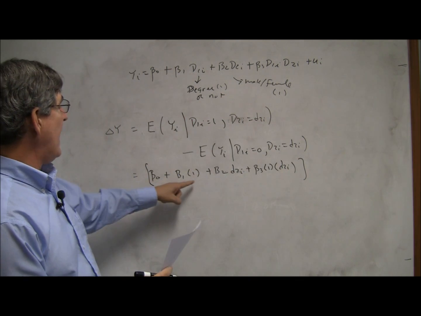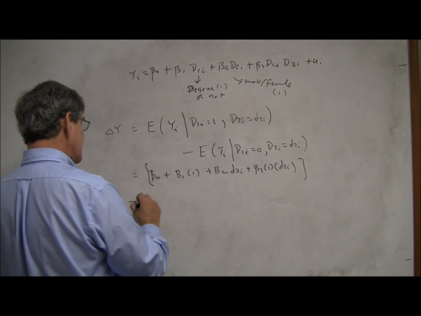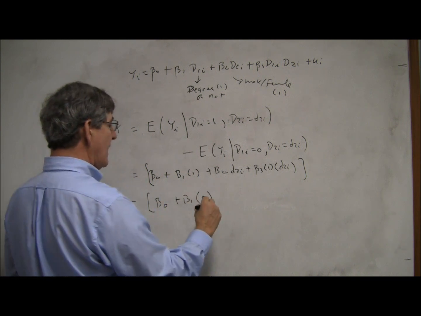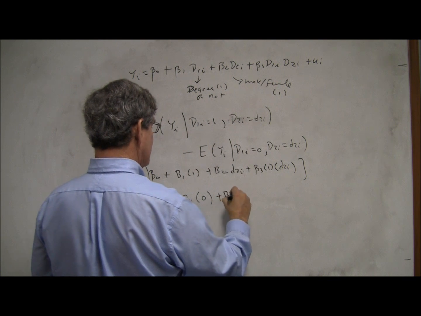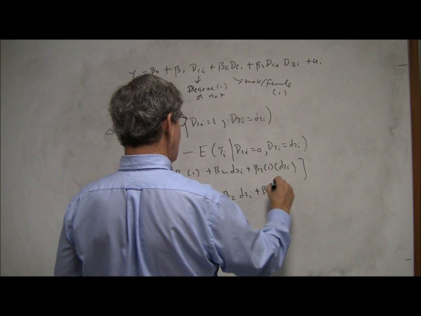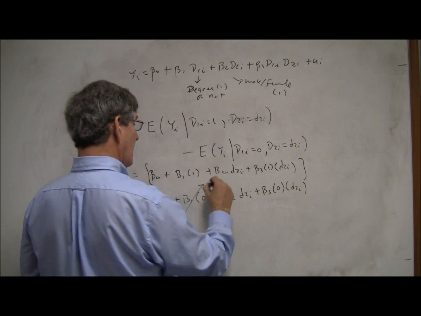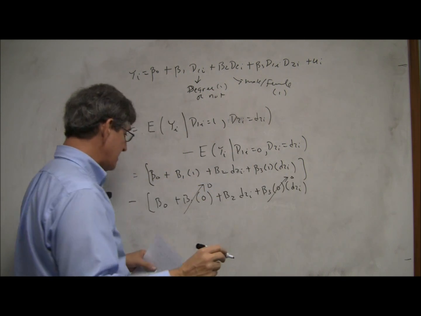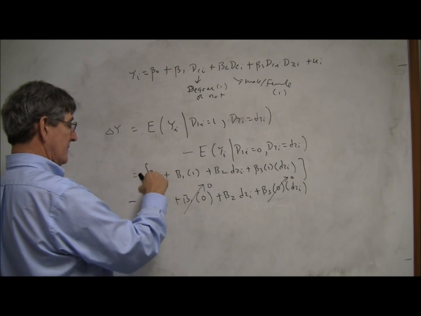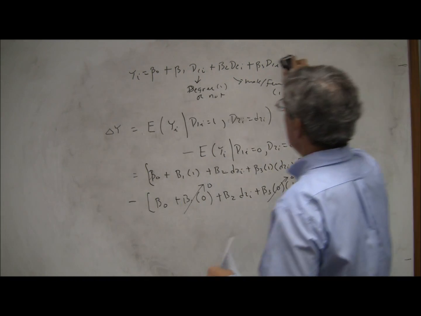That's your income if you have a degree, and it depends upon whether you're male or female, minus beta 0 plus beta 1 times 0, this is not having a degree, plus beta 2 times d2i, plus beta 3 times 0 times d2i. So those terms are going to go away when we do the subtraction. And the beta zeros are going to cancel when we do the subtraction.